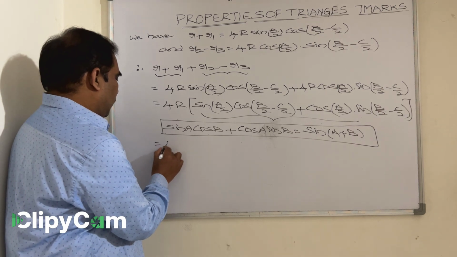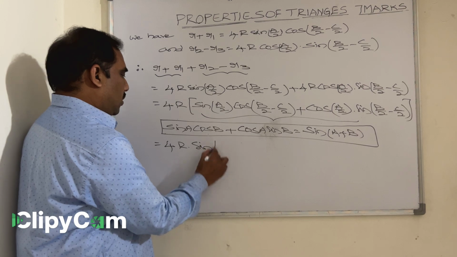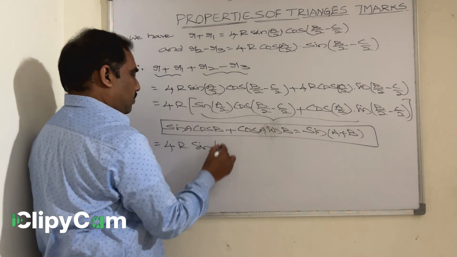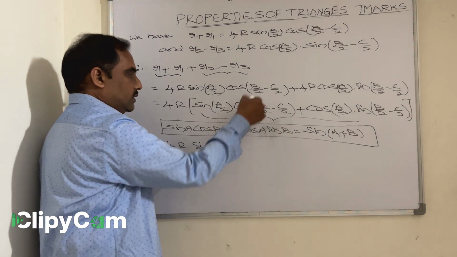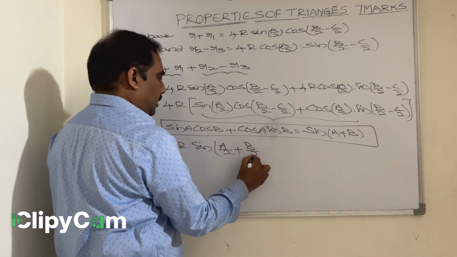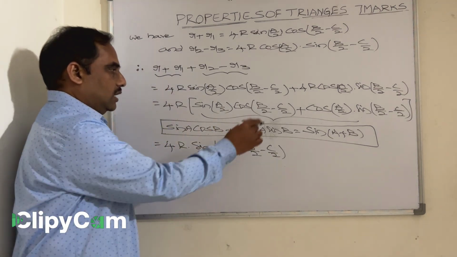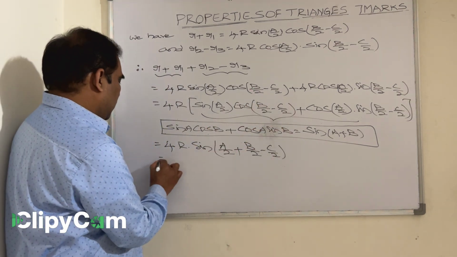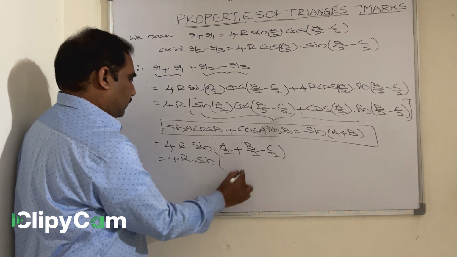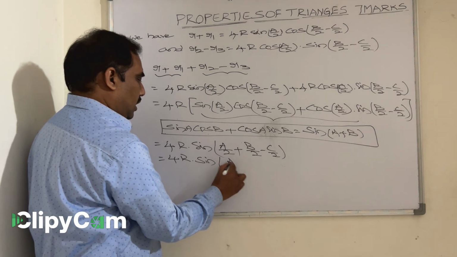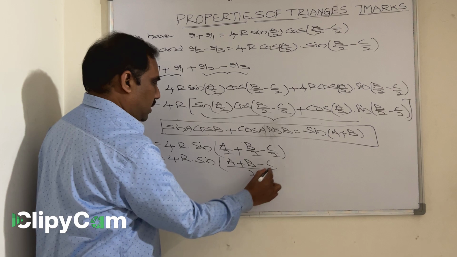So now which is equal to 4R into sin of, so A is A by 2 plus, so B is complete B by 2 minus C by 2. So which is like sin of A plus B. Now which is equal to 4R into sin of, it can be written as, A plus B minus C whole divided by 2.